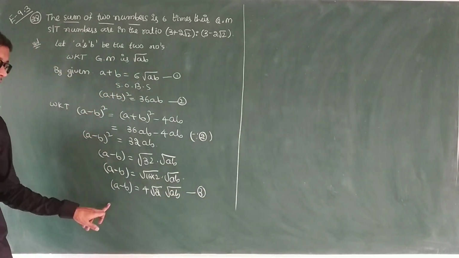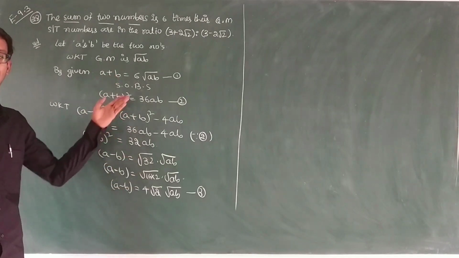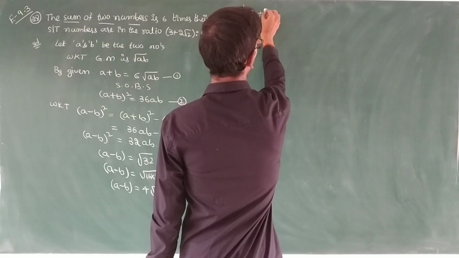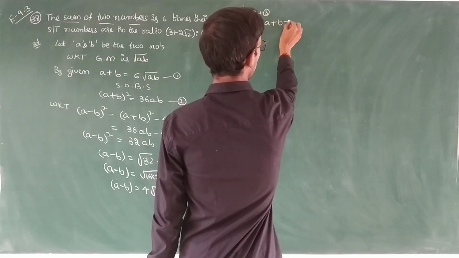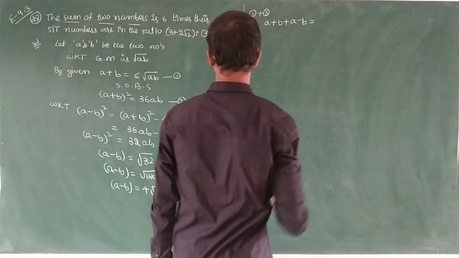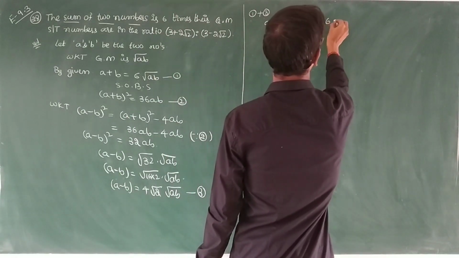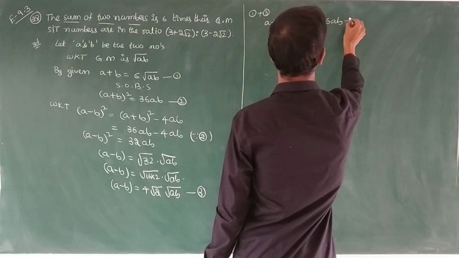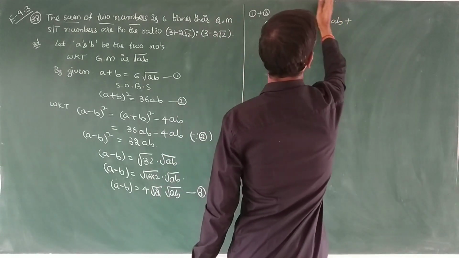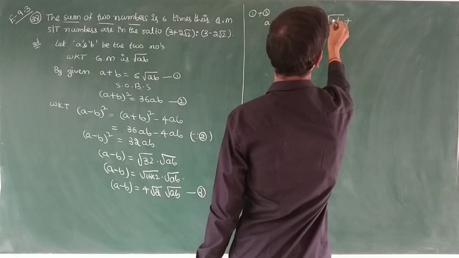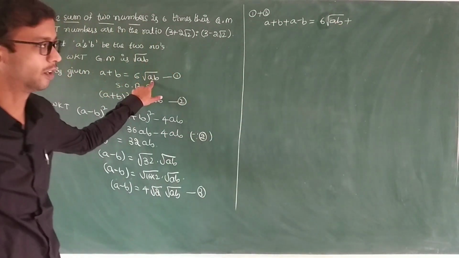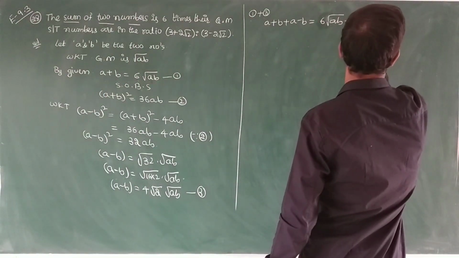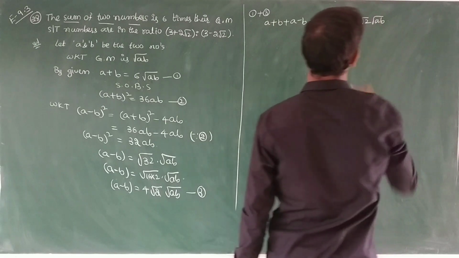Now I will make the addition, equation 1 plus equation 3. On the left side, a plus b plus a minus b is equal to, on the right side, 6 root ab plus 4 root 2 root ab.